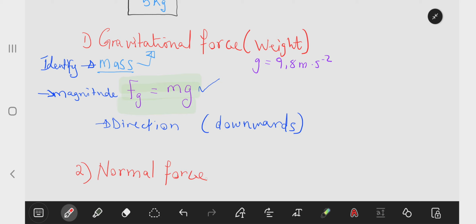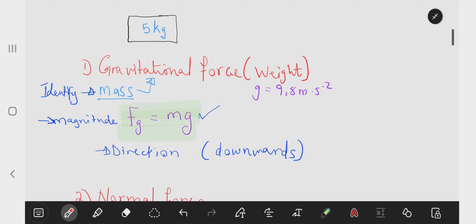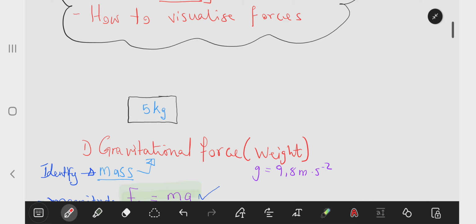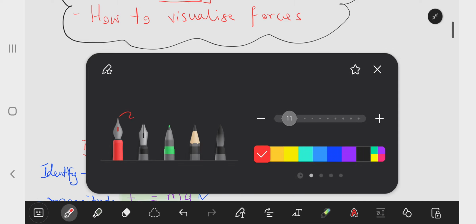So what is normal force actually? In this example, we have mentioned that we have an object of mass 5 kg, right?